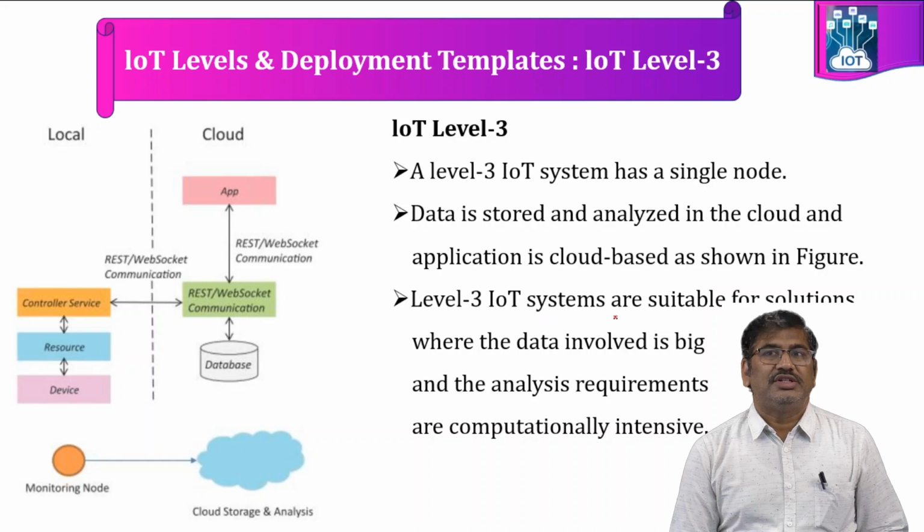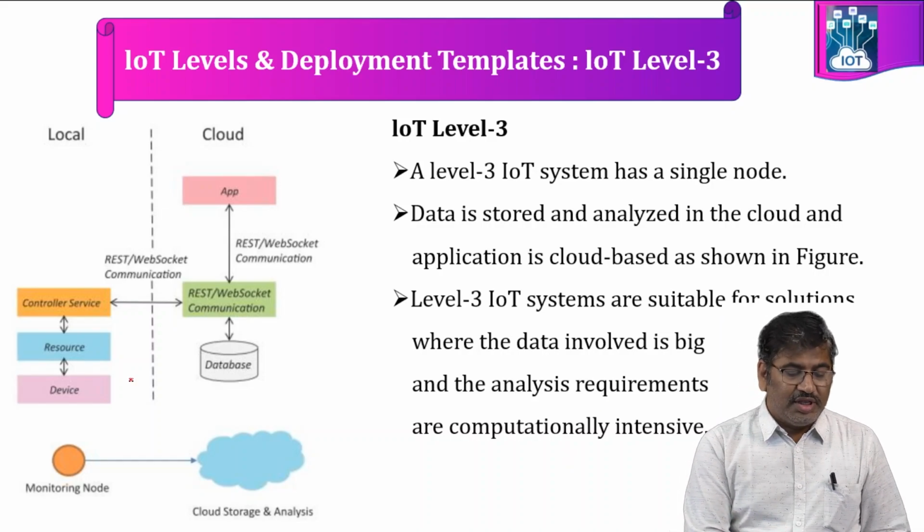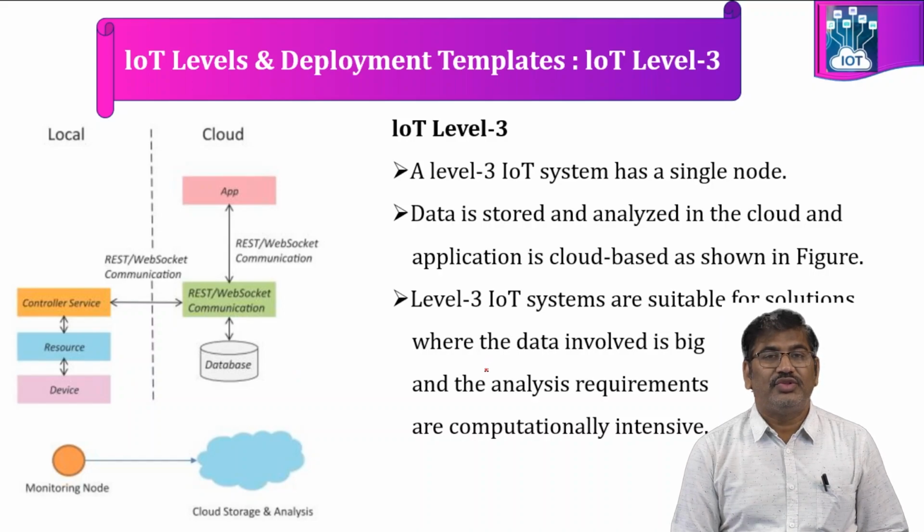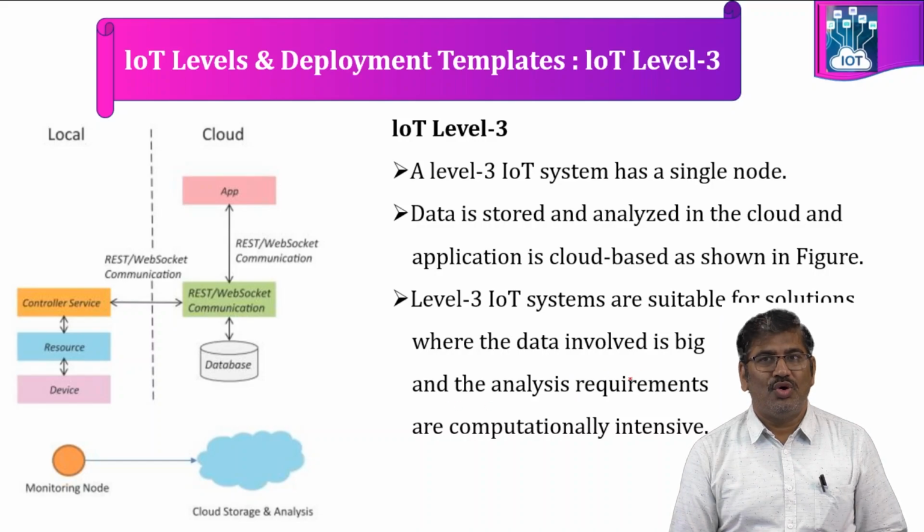Level 3 IoT systems are suitable for solutions where the data involved is big and the analysis requirements are computationally intensive. So here, structure-wise it is the same as level 2. Only here the size of the data is larger and the computation to be processed is greater.